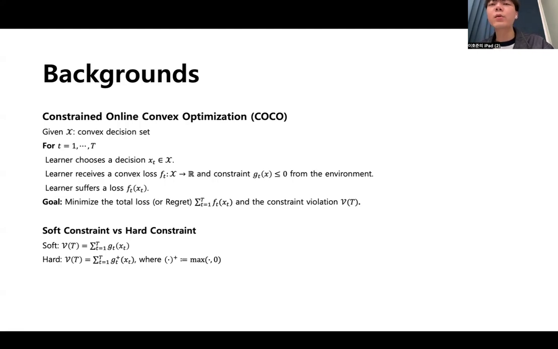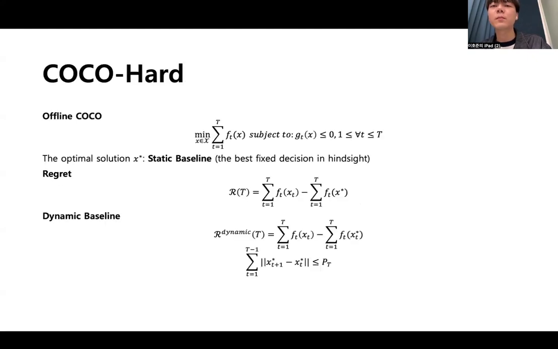Even if a constraint violation occurs in one round, it can be compensated for in subsequent rounds by achieving a G_t that is large negative. Hard constraints focus on minimizing the sum of rectified constraint violation over T rounds. Once a constraint violation occurs in a round, it cannot be compensated for in future rounds.